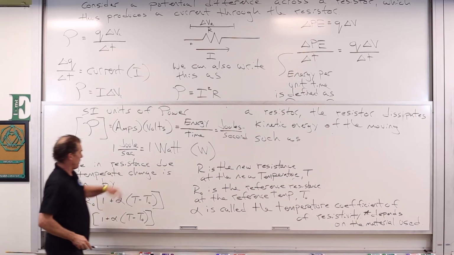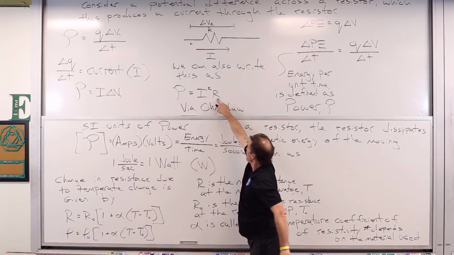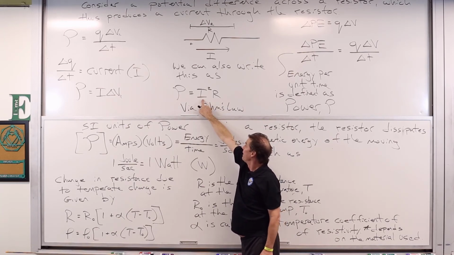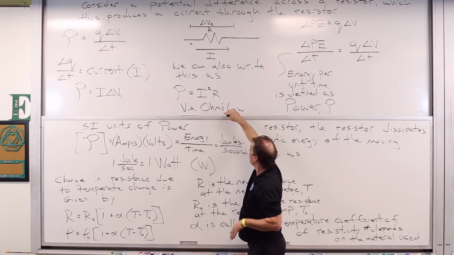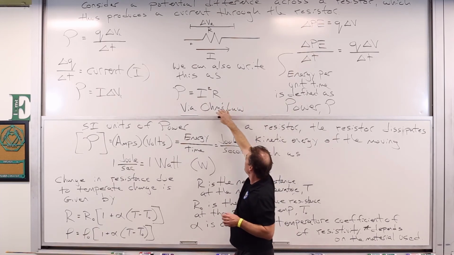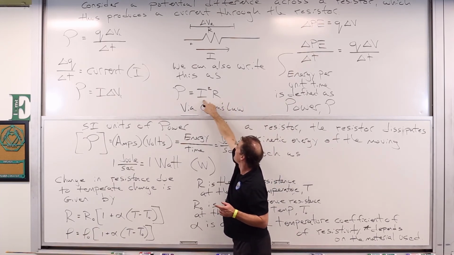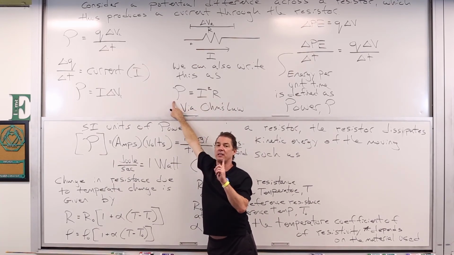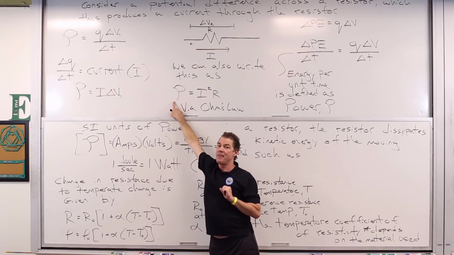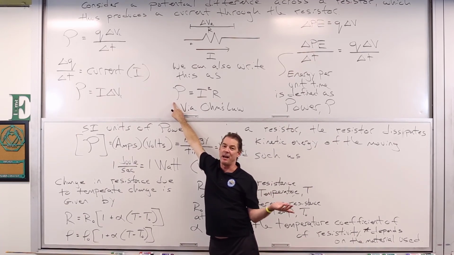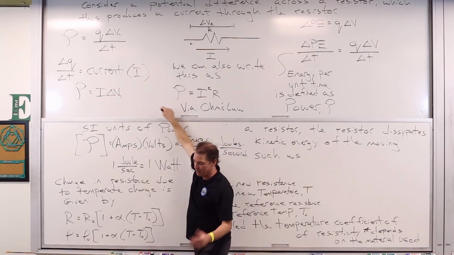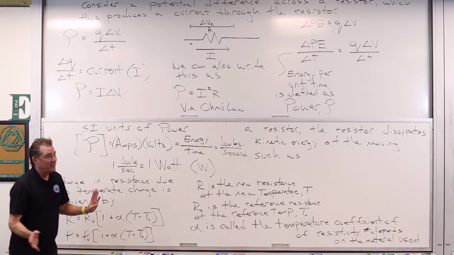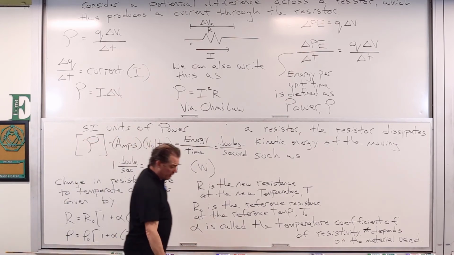What happens then when the resistance increases? Well, as this gets larger, this gets smaller, and this is squared. So as the resistor heats up, the resistance increases, the current decreases, which means that the power, the energy dissipated by the resistor, decreases as well. So it dissipates less energy per unit time when it's at a higher temperature. That doesn't mean it's more efficient, it just means that it uses less energy.